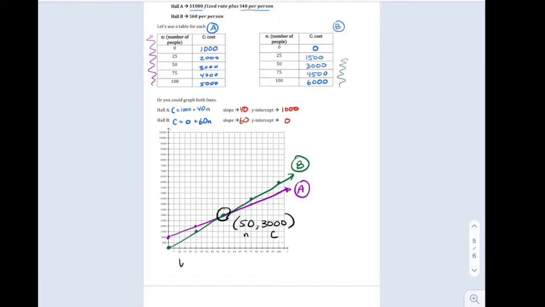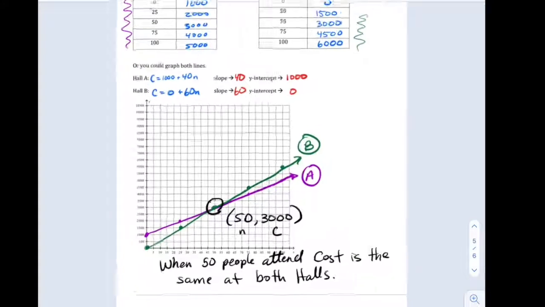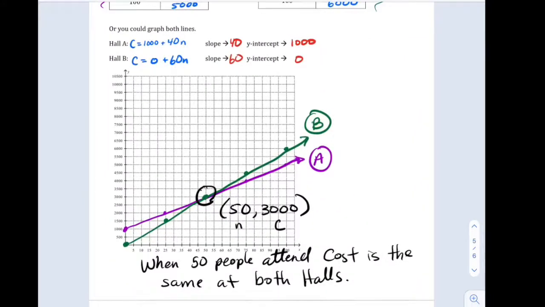Well, basically, when 50 people attend, cost is the same at both halls. That's when 50 people attend, right? Because remember, cost is along this axis here on the left. So when 50 people go, they're both the same cost. Both lines are at the same height.